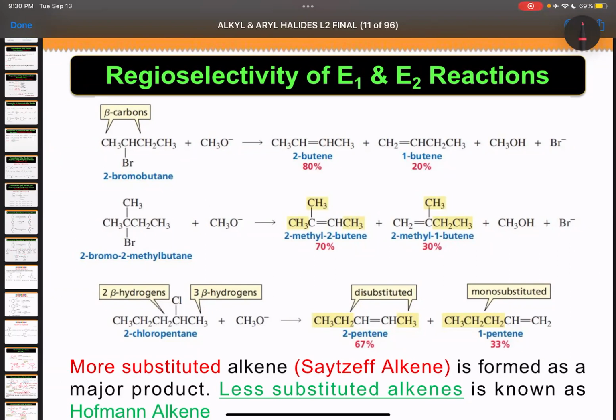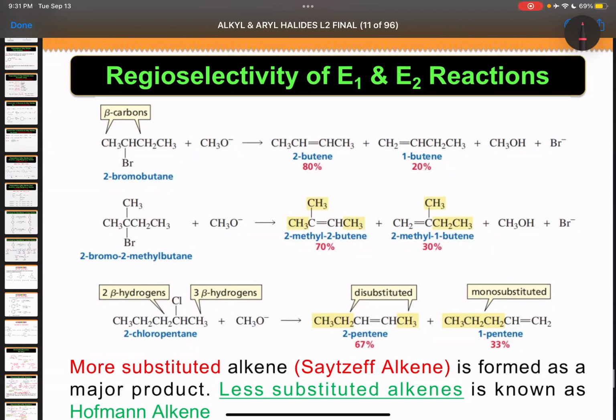So why is it so? Why is a more stable alkene formed as the major product? Because a more branched alkene is going to be more stable, it is going to have less energy, and it is going to form very quickly.